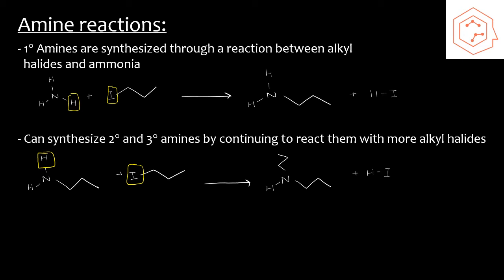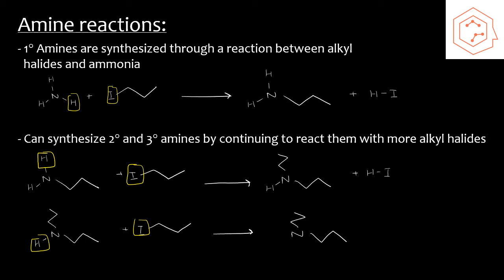And if we keep going, we can actually form our tertiary amines from our secondary amine. So here's our secondary amine. We'll react it with that same old alkyl halide that we used before. At the site where the halogen is, and at the hydrogen, they will attach, and that's going to form our tertiary amines.